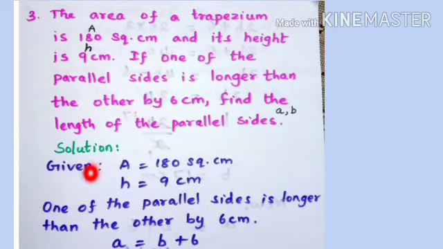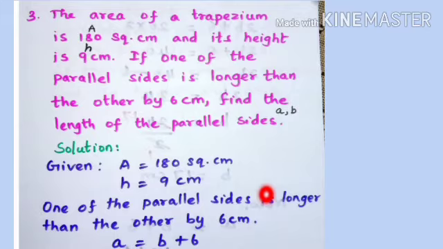So solution. First we have to write the given values. So area is equal to 180 square centimeter and h is equal to 9 centimeter. And the condition is one of the parallel sides is longer than the other by 6 centimeter, which means A is equal to B plus 6. Or we can take B is equal to A plus 6.